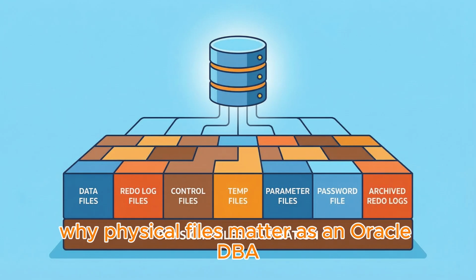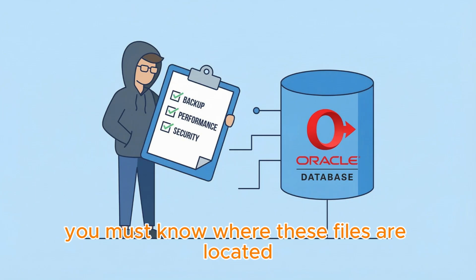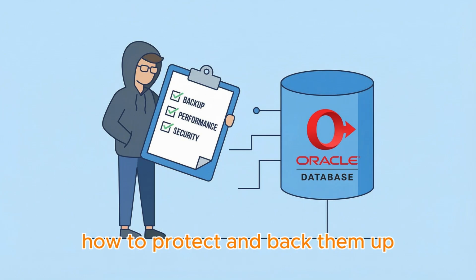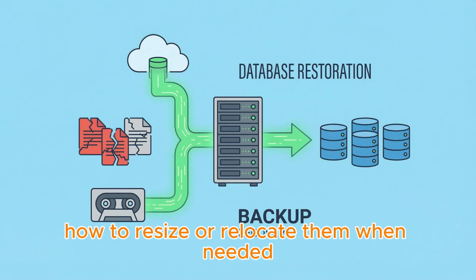Why physical files matter. As an Oracle DBA, understanding physical storage structures is critical. You must know where these files are located, how they interact with each other, how to protect and back them up, how to recover lost or corrupted files, and how to resize or relocate them when needed.